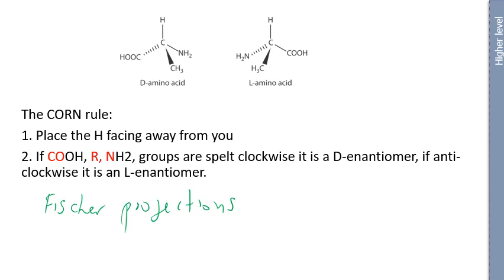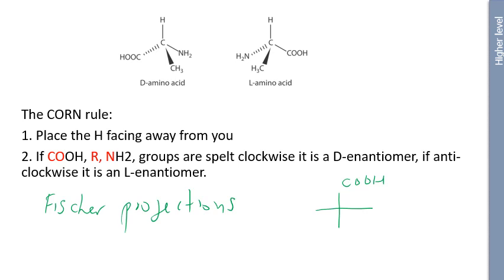Okay, so there we go, got this carbon chain there. With the senior substituent, so it would be the carboxyl group as the senior substituent in amino acids, drawn at the top, okay, and the chiral carbon is shown as a cross, okay, so the center of the cross will be your chiral carbon, and the horizontal lines represent the chemical bonds coming out of the page, and the vertical lines representing those pointing away from the page.